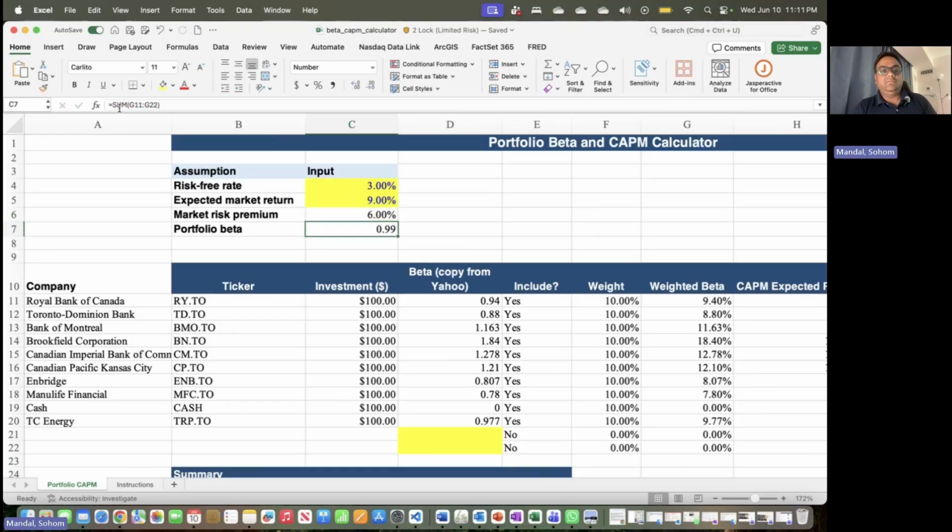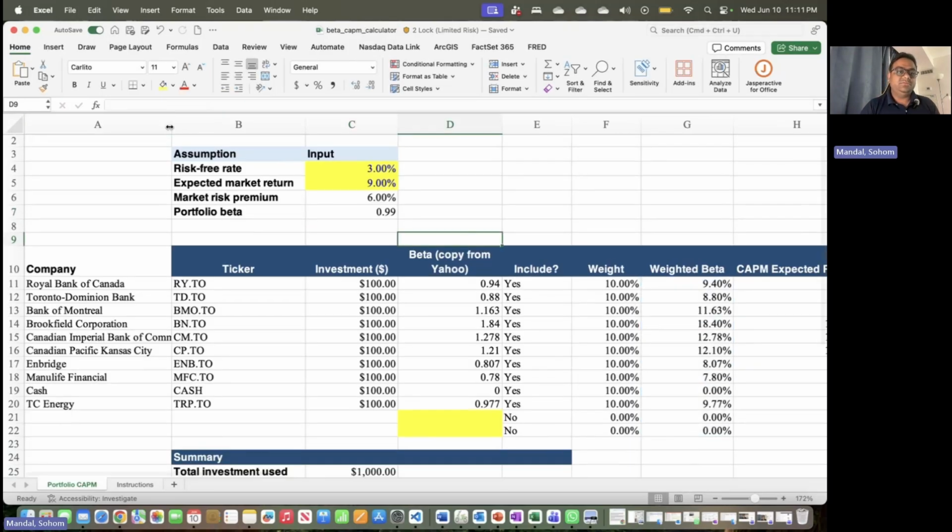Now we have to calculate the overall portfolio beta. You can see it here is the sum of column G, which is the weighted value. But first, let's talk about where we are investing.